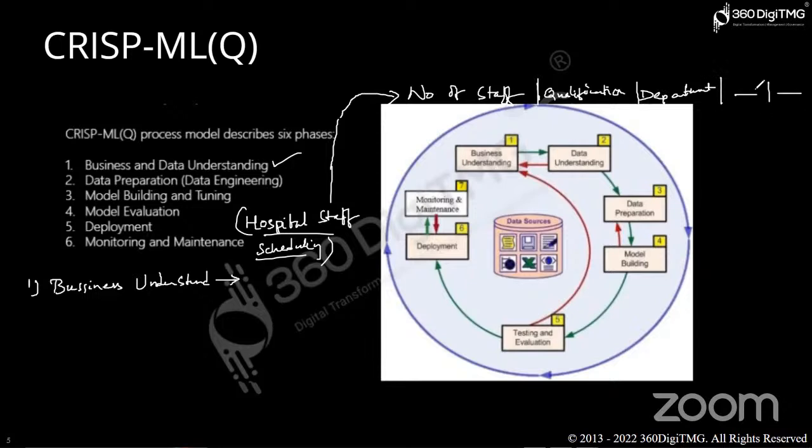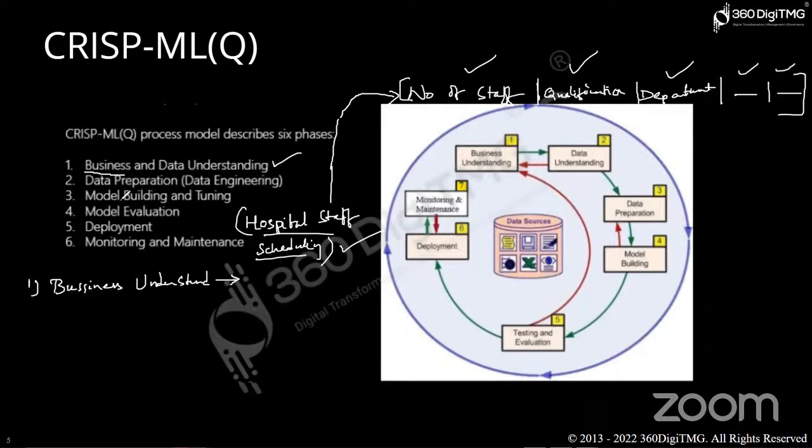There will be n number of features on which this use case depends, so we'll have to understand how each of these features affects hospital staff scheduling. So that is business understanding.